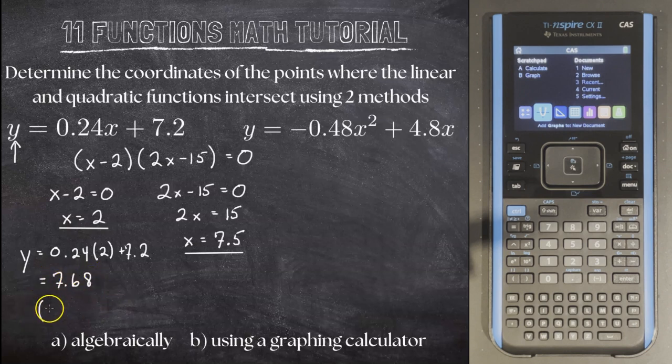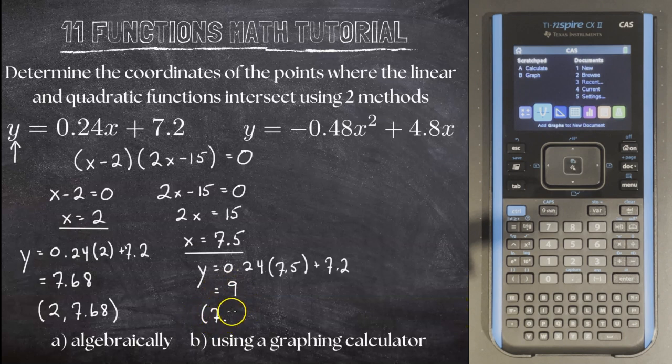So our first solution is 2 and 7.68. If we do the same for 7.5, we get y equals 0.24 times 7.5 plus 7.2, which is 9. So our second solution is 7.5 and 9.